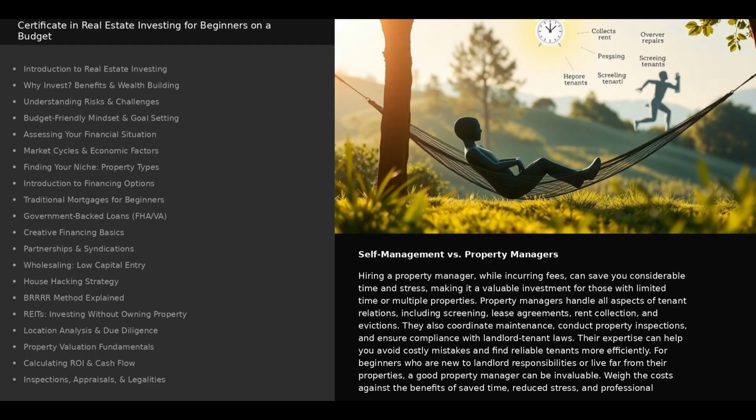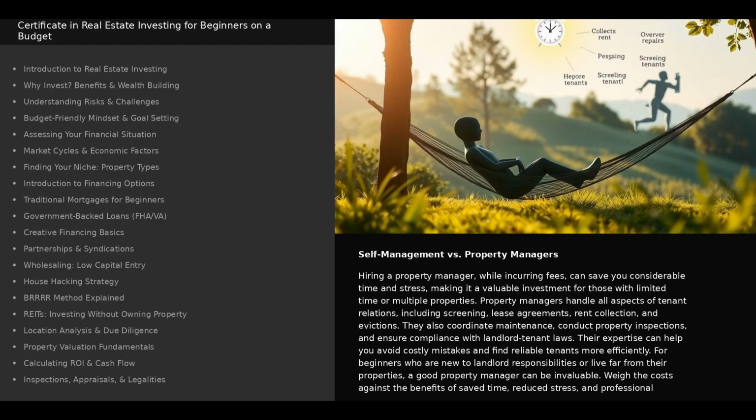Property managers handle all aspects of tenant relations, including screening, lease agreements, rent collection, and evictions. They also coordinate maintenance, conduct property inspections, and ensure compliance with landlord-tenant laws. Their expertise can help you avoid costly mistakes and find reliable tenants more efficiently.